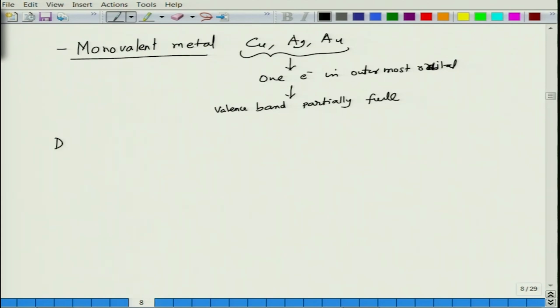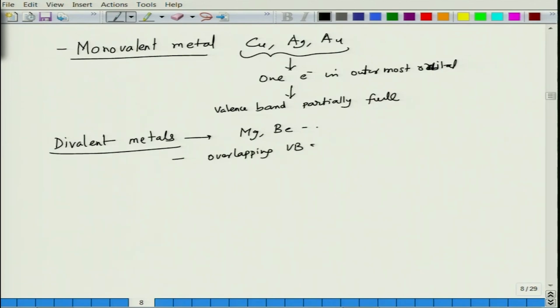Whereas if you look at divalent metals such as magnesium, beryllium, etc., they have overlapping valence band and conduction band. So even if the valence band is full, electrons can conduct because they have empty states available in the overlapping conduction band.